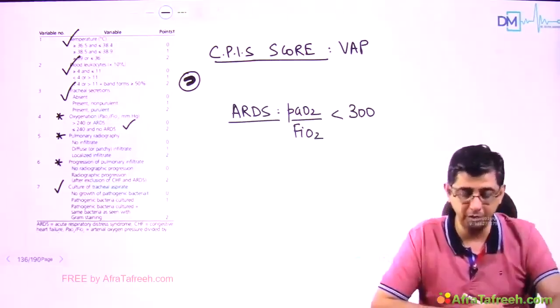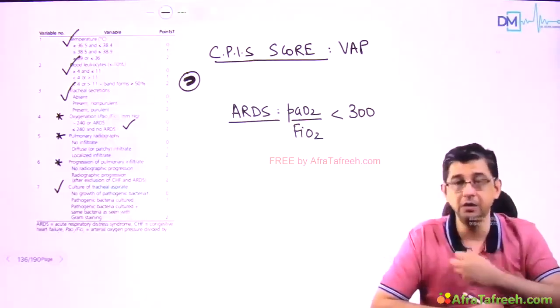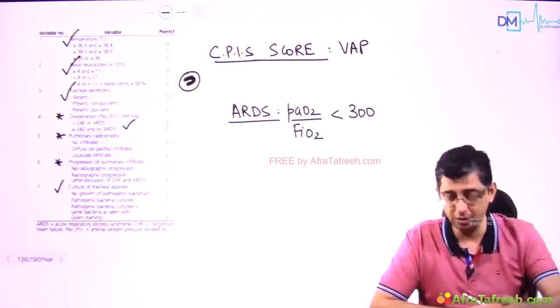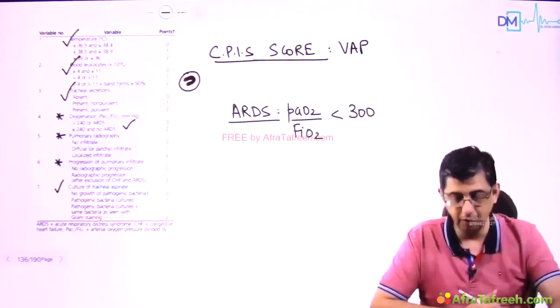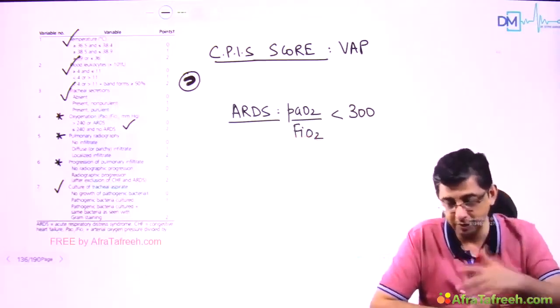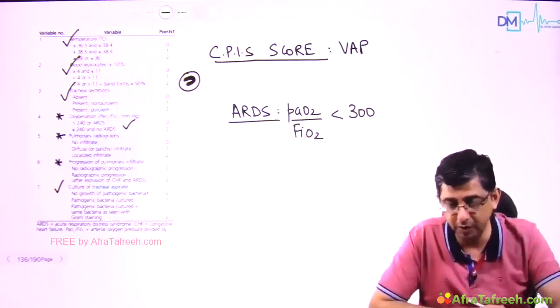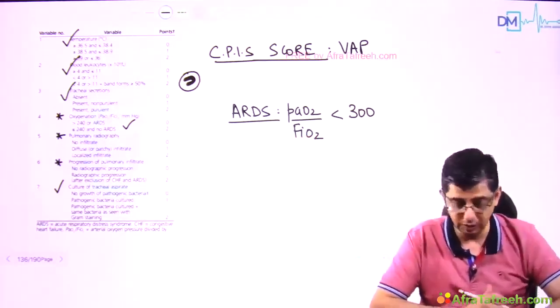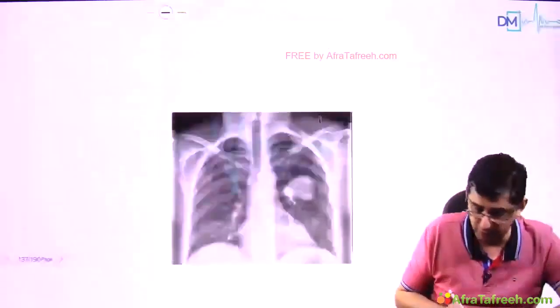I'll put it like this: the patient is hypothermic, TLC is 50,000, tracheal secretions are frank pus, and the PaO2/FiO2 ratio is 100. There are extensive infiltrates in the chest X-ray. The infiltrates are increasing day by day, and bacteria have been cultured. Then obviously the prognosis is bad. So the CPIS score is to monitor the evaluation of patients of ventilator-associated pneumonia.